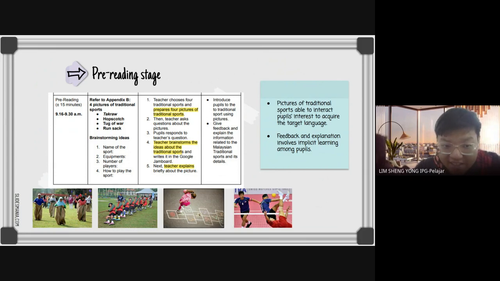The teacher then asks questions about the pictures, then the pupils respond, then the teacher brainstorms the ideas and writes them on the Google Jamboard. In this case, every line the students talk about, the teacher writes it down.